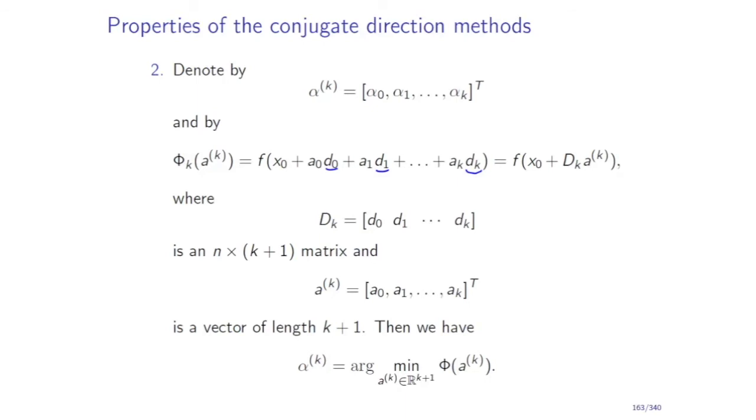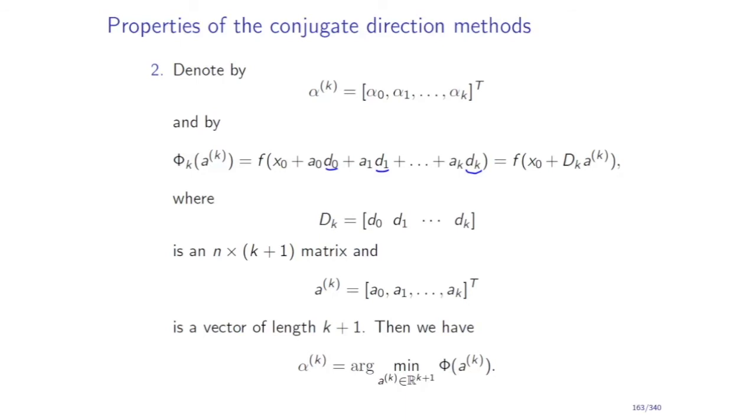Our goal is to select these k plus 1 step sizes in a way that after making the k plus 1 steps, we will get the best possible point we can get along these k plus 1 directions when we consider them not one at a time, but in a system.